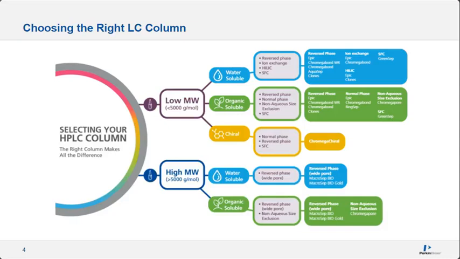In the high molecular weight category, above 5,000, we also have organic soluble molecules, and these would be generally polymer type molecules, and these again can be separated or analyzed using reverse phase or non-aqueous size exclusion. Again, this breaks down to reverse phase products as well as size exclusion products.